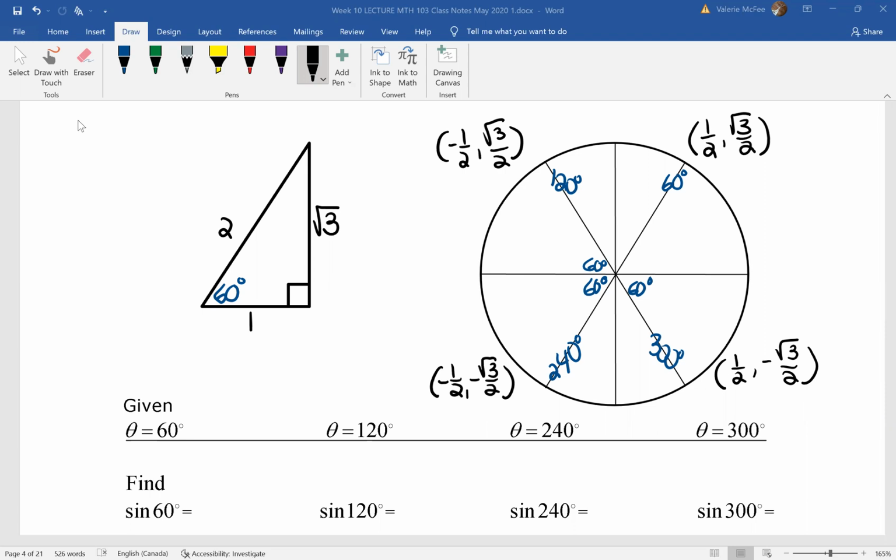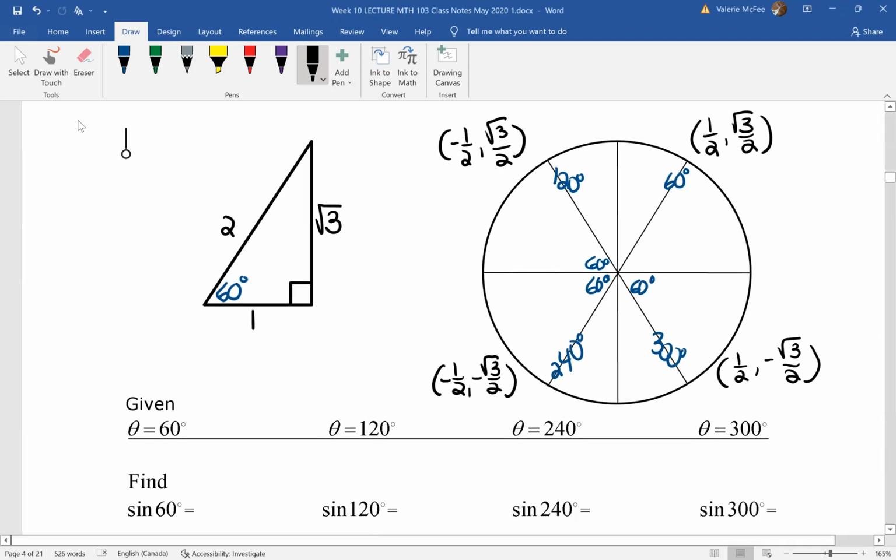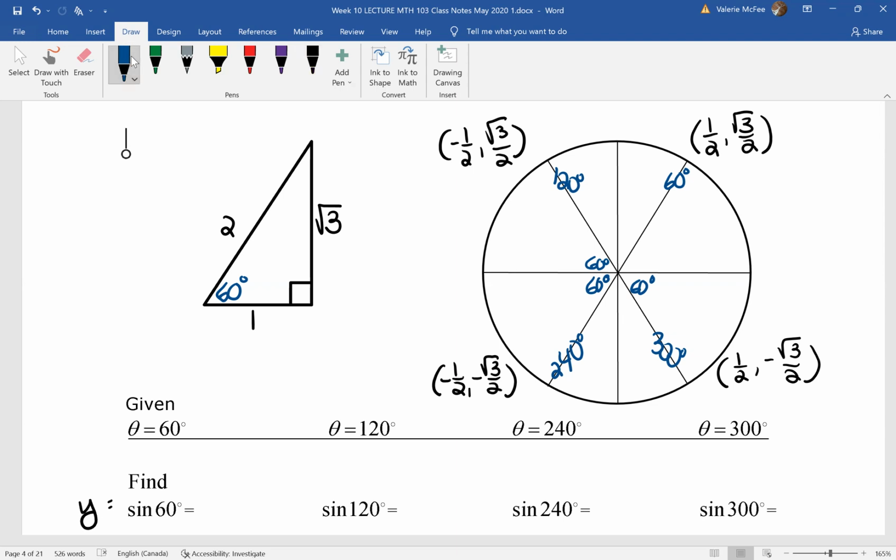So let's use that to find our values here for the sine of 60 degrees, 120 degrees, 240, and 300. So remember, we're looking at points on the unit circle, so sine is equal to y. At 60 degrees, sine of 60, root 3 over 2. 120 degrees, root 3 over 2.